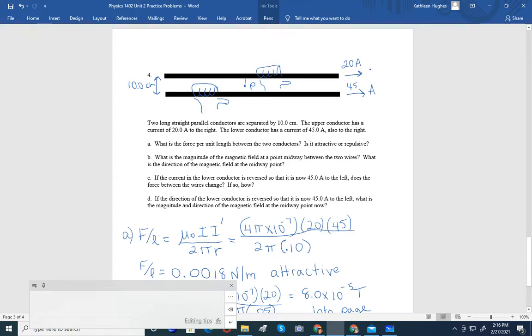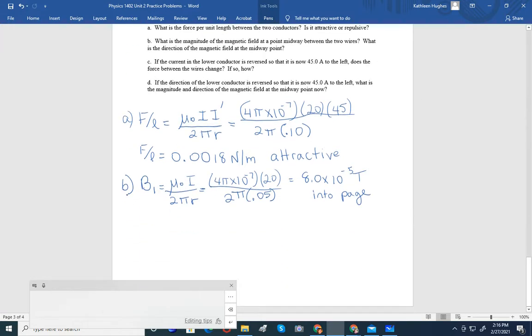So this one was into the board, this one's going to be out of the board. It's also going to be stronger because it's got a larger current flowing through it. So the total appears like it's going to have to be out of the board. But you can see your fingers are coming out of the page in that picture at that midpoint.